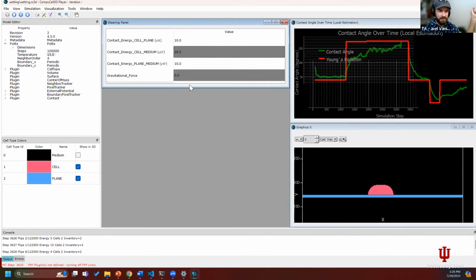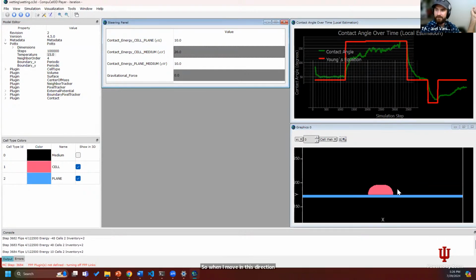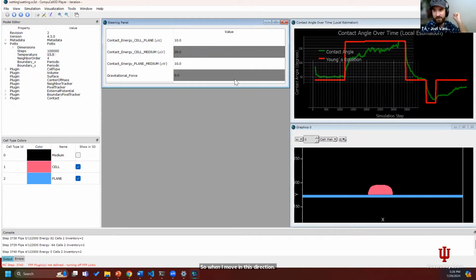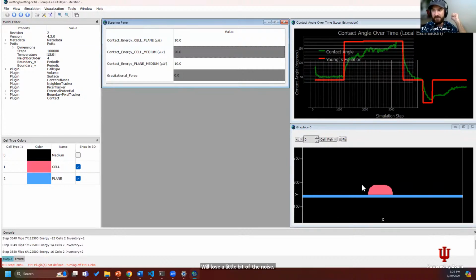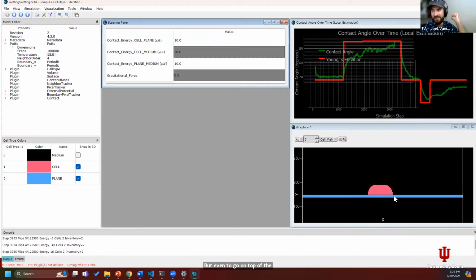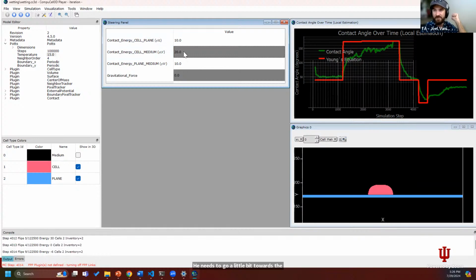So when I move in this direction, you can see that with more energy the cell actually loses a little bit of the noise, because it's now not favorable to explore the medium area. But even to go on top of this surface, it needs to go a little towards the medium, so that's why we don't see this cell changing too much in shape.